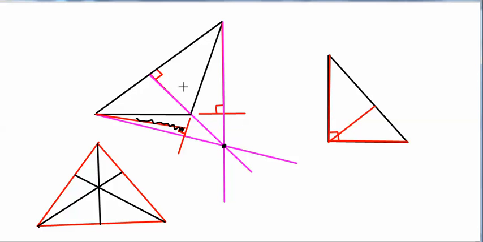But when these get real obtuse, this point gets really far away. It's probably some kind of relationship between this angle measure and how far that point is outside the triangle.